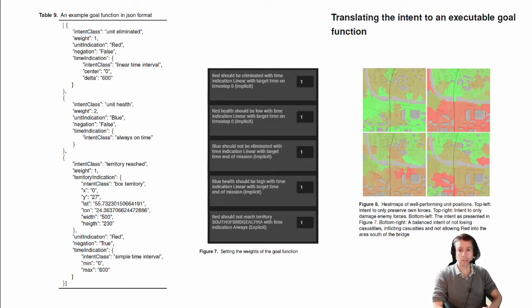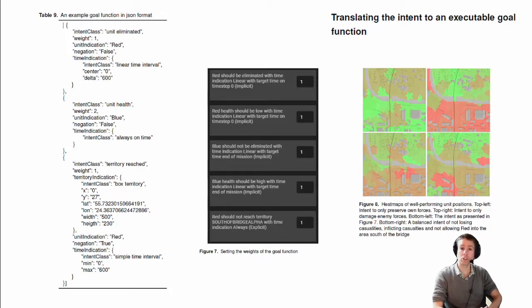On the right side, you're seeing 4 heat maps. A reinforcement learning agent has used the commander's intent to learn behavior and to place troops on certain locations. So on the top left, the commander's intent was mainly to survive, to keep your forces alive. In that event, the reinforcement learning agent learned to stay on the south side of a river.